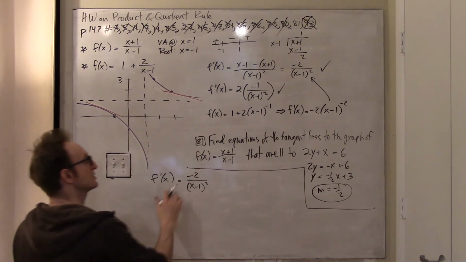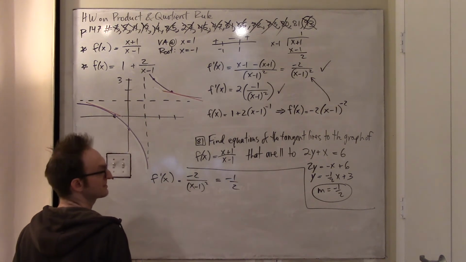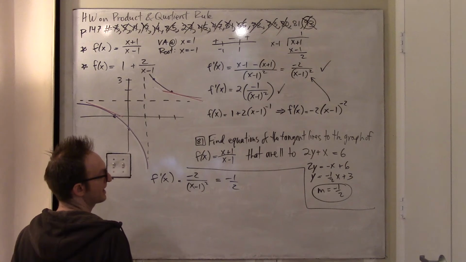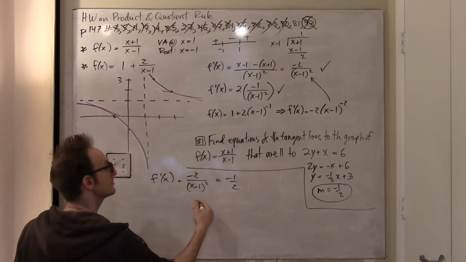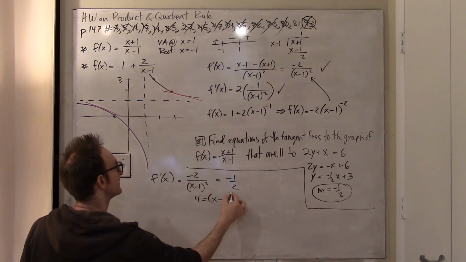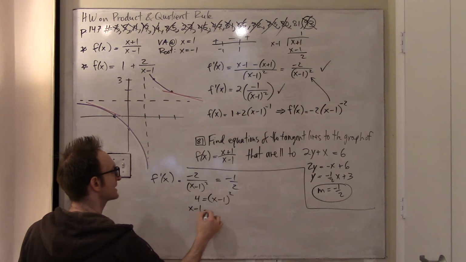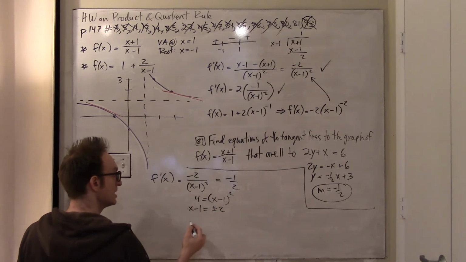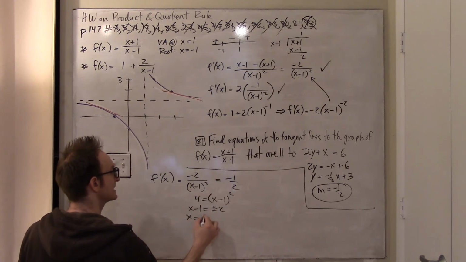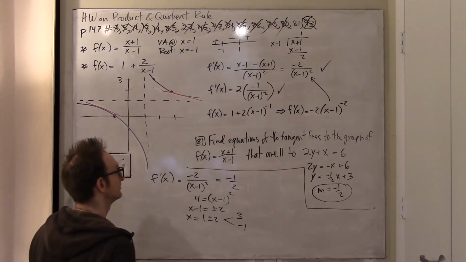In other words, when is the derivative equal to negative a half? So I set this derivative equal to negative a half. Cross multiply, negatives cancel, 4 equals (x minus 1) squared. Take the square root of both sides, so x minus 1 is plus or minus 2. So x is 1 plus or minus 2, in other words, at 3 and negative 1.